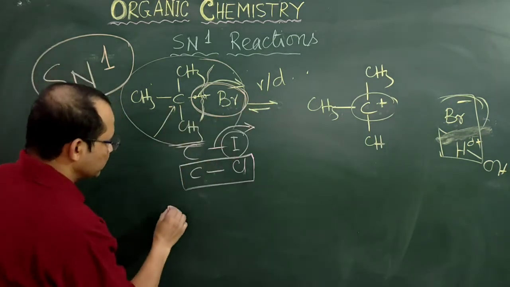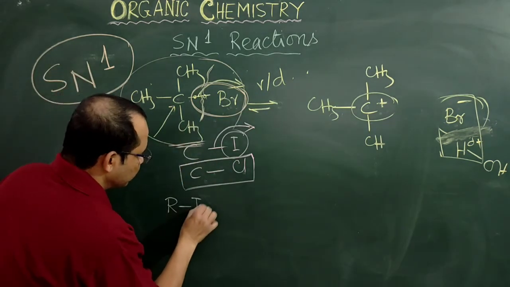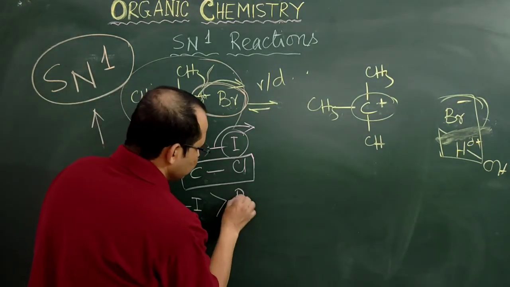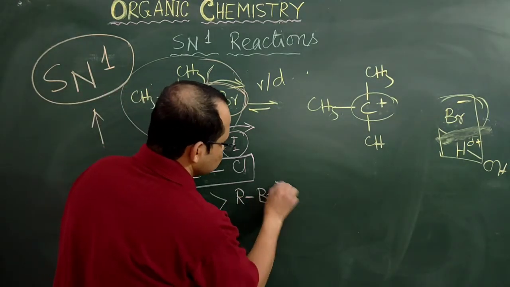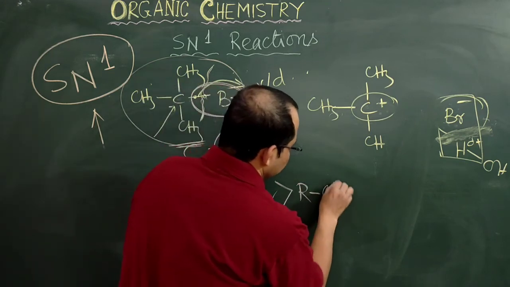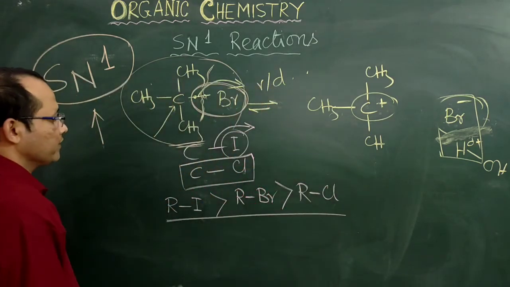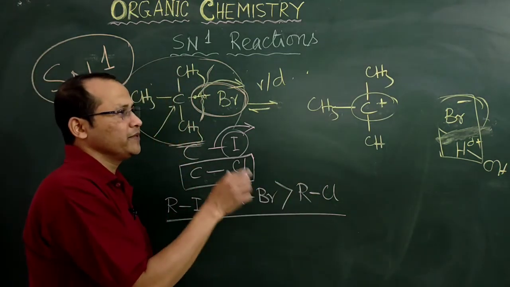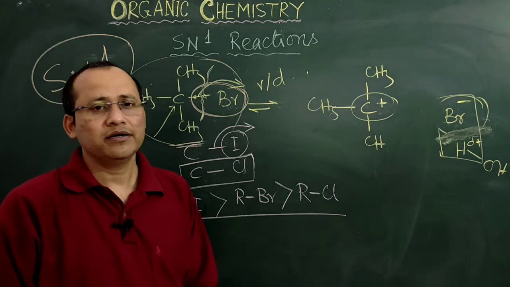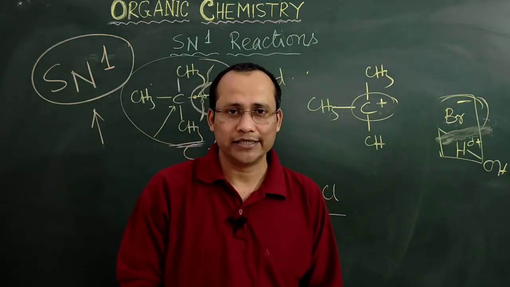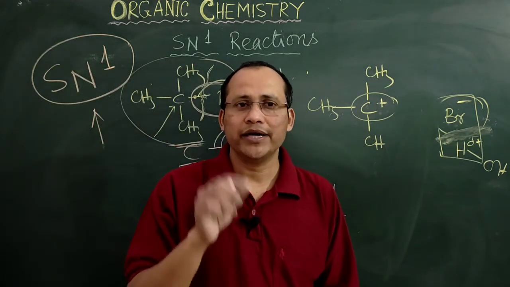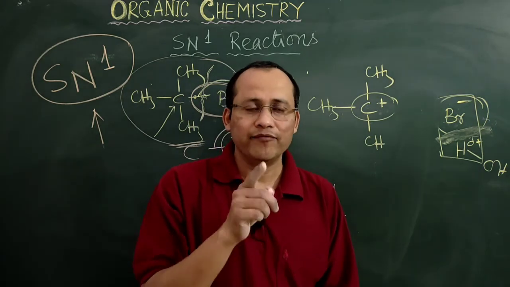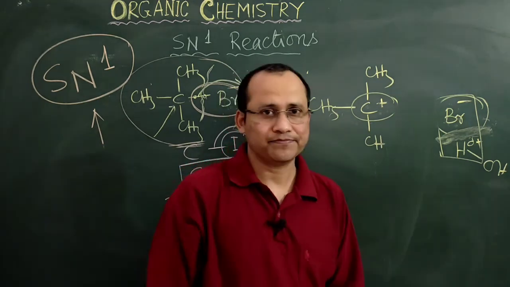So altogether we may say that the rate of the reaction will be maximum here, then it will be for this, then it will be for this. So in this way, the greater the bond strength, the lower will be the rate of the reaction for the SN1 reaction, that is the reaction where substitution, nucleophilic and unimolecular type of mechanism takes place.